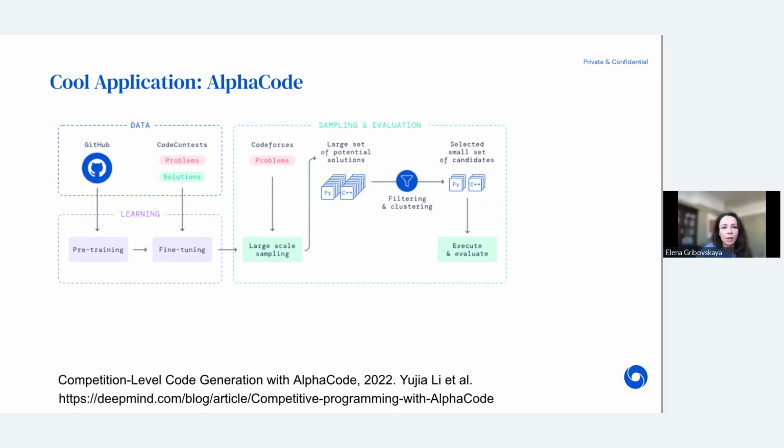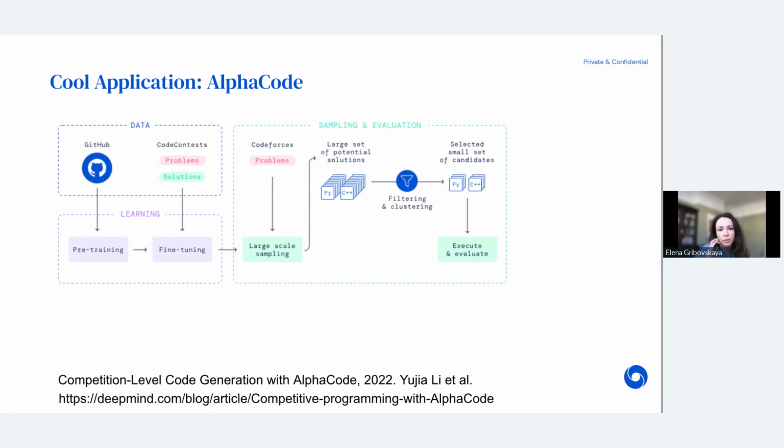So I will be talking about AlphaCode. The aim of the AlphaCode project is to create a model that could participate in competitive programming. It currently achieves roughly average human performance, I think, on the Codeforces competition.